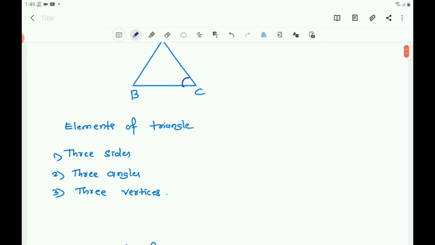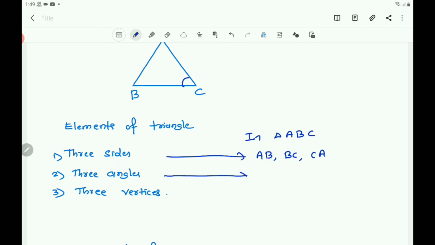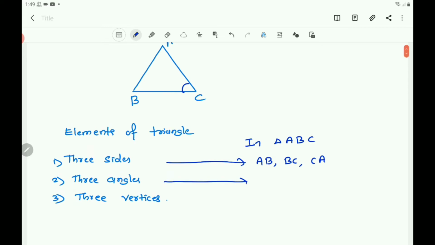So let us write: in triangle ABC, three sides are AB, BC and CA. Three angles are angle BAC, that is angle A, angle ABC, that is angle B, and angle ACB, that is angle C. Three vertices.